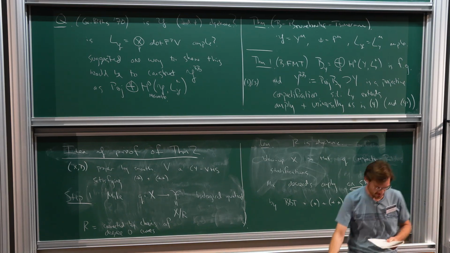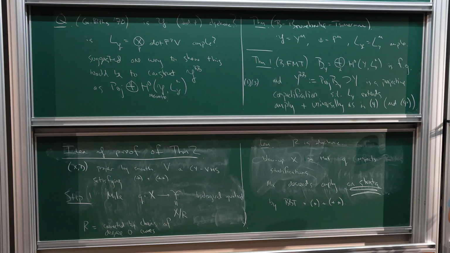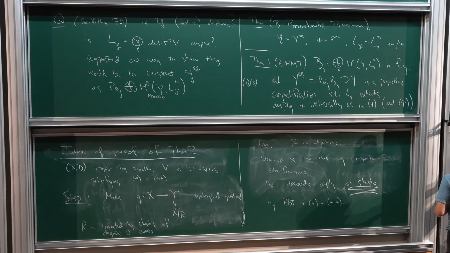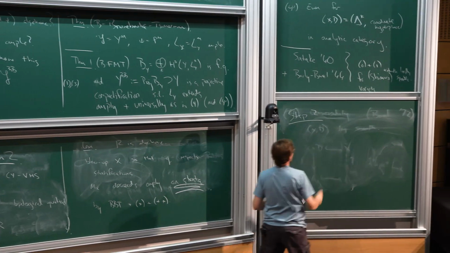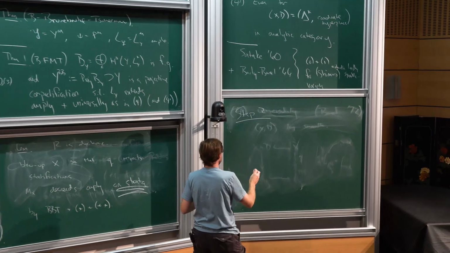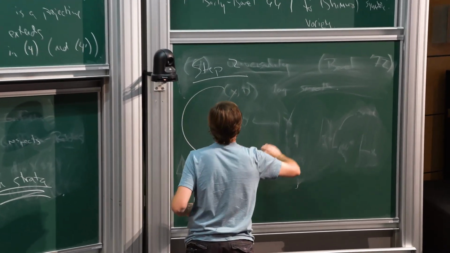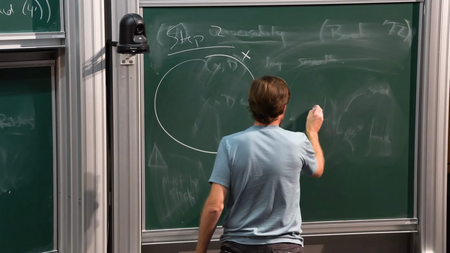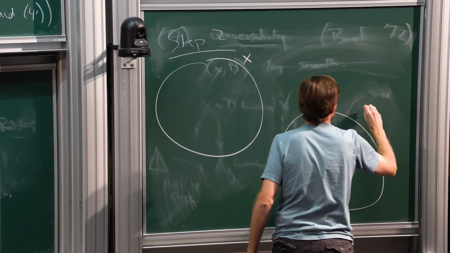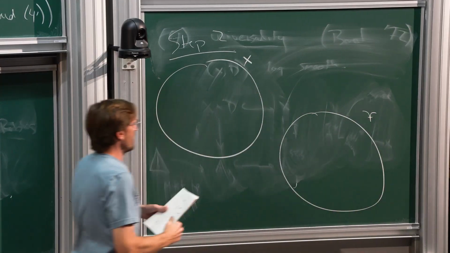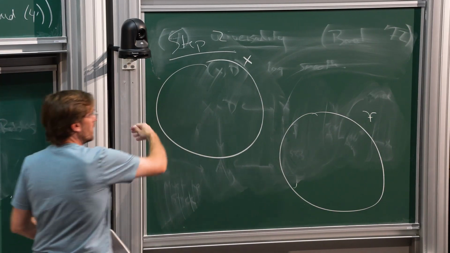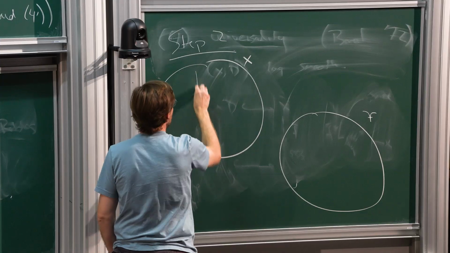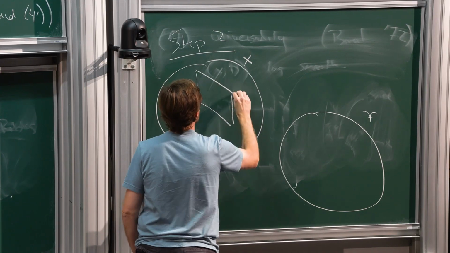I don't have that much time left, but let me try to finish. Step 2. Okay, let me do this in the form of a picture. So here's x. And this is going to be my curly y. And there's some log smooth divisor in x, so there's some stratification of x.